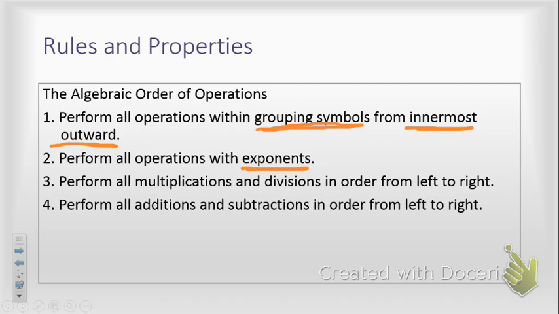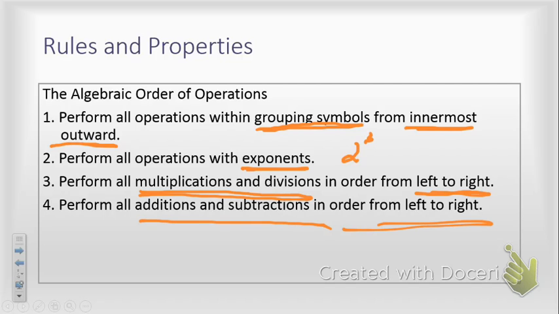So anytime you see exponents like 2 to the third or anything like that, we'll perform those. Number 3, we'll do multiplication and division. These kind of happen at the same time, in order from left to right. That's very key. You got to make sure you do those from left to right. And then finally, addition and subtraction, also in order from left to right. So we'll do those steps in order.